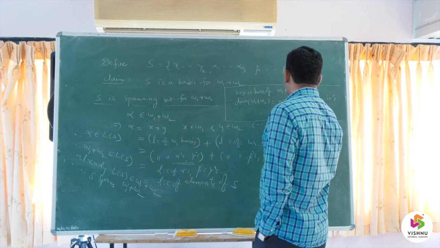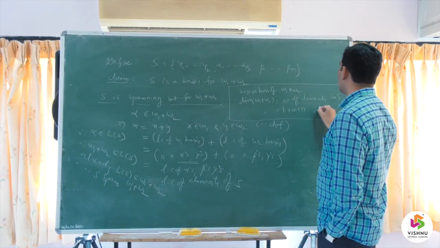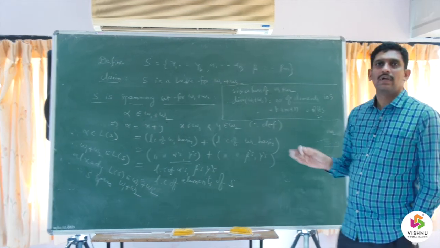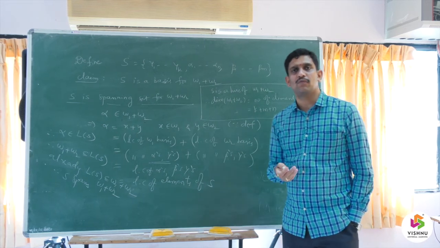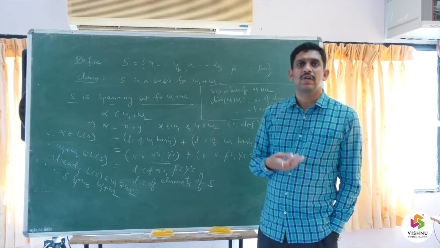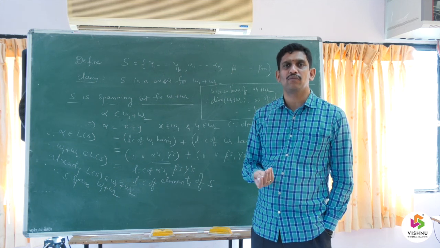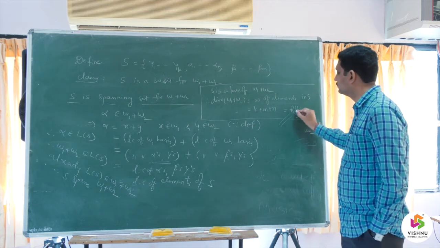This is nothing but k plus m plus n. So this is nothing but the RHS value. So LHS is equal to RHS, hence we can confirm that dimension of W1 plus W2 is equal to dimension W1 plus dimension W2 minus dimension of W1 intersection W2. So this is the conclusion of the theorem, right?